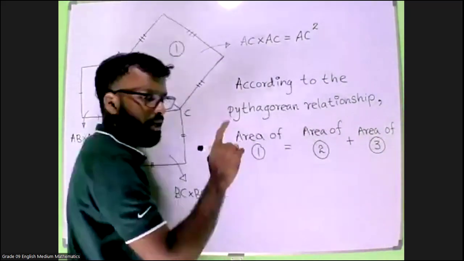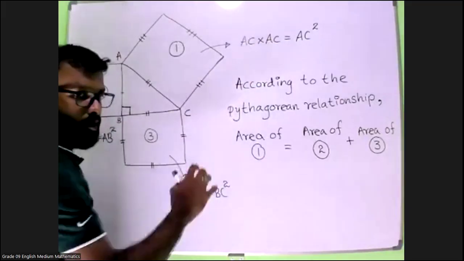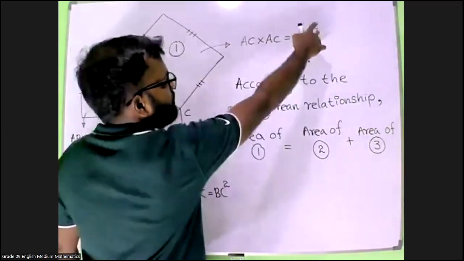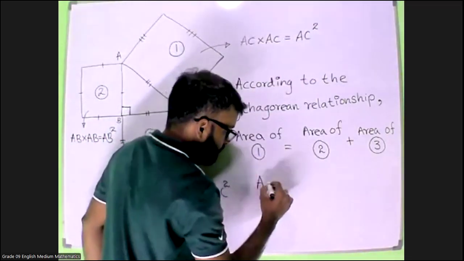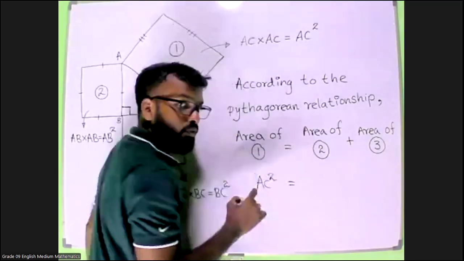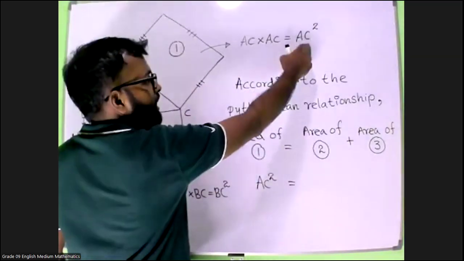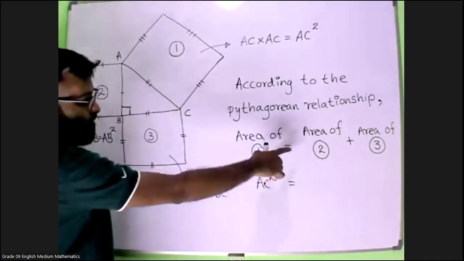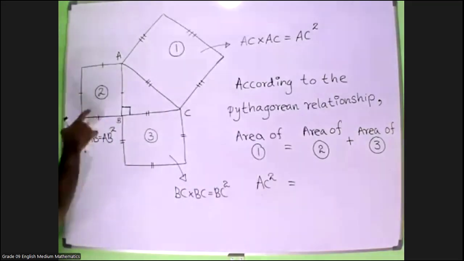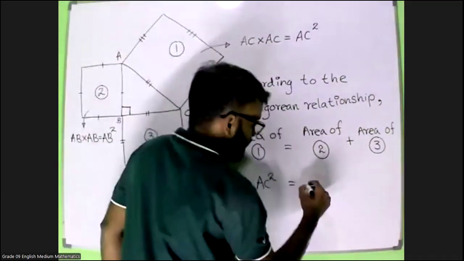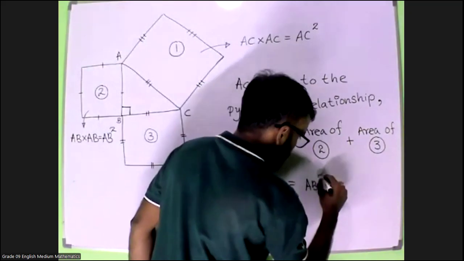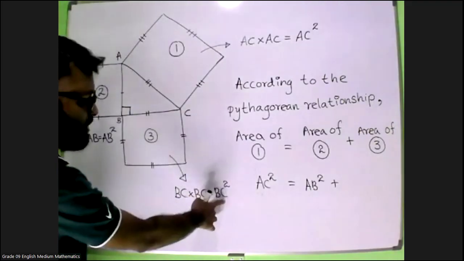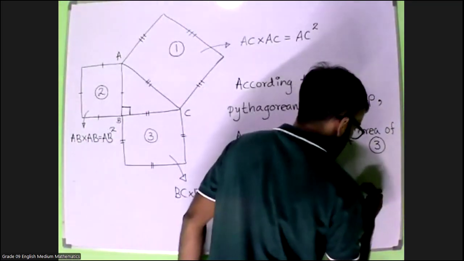That means by looking at this, you can write area of 1, AC square, equals area of 2, which is AB square, plus area of 3, which is BC square, BC times BC.